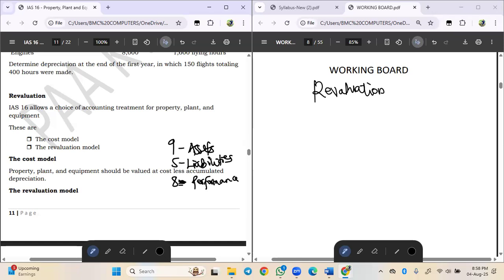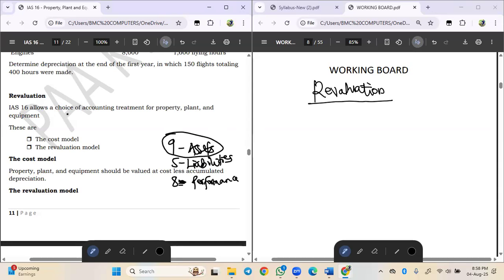The asset too, we have PPE, investment, inventory, borrowing costs, grant, leases, and all that. So please try and understand this revaluation thing. Because if you understand IAS 16, trust me, the standards will be simple for you, especially the 9 assets standards we'll be treating here.